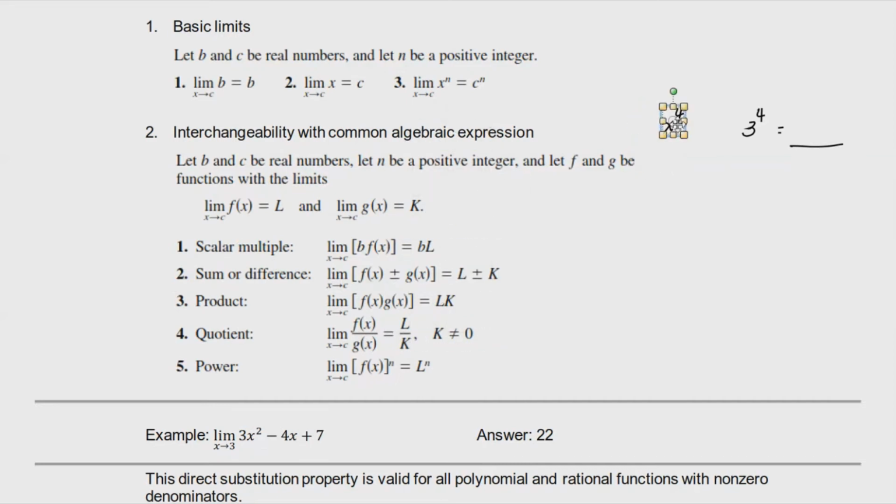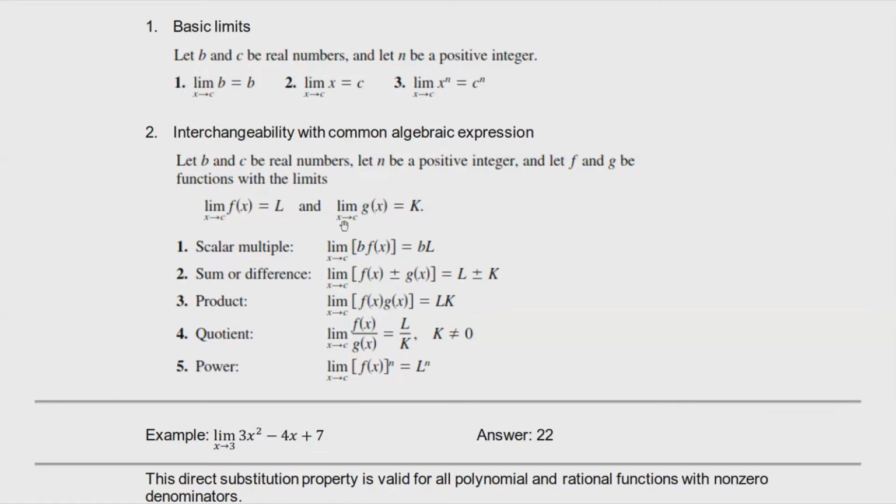Okay, so now let's try having these properties, or the basic properties that we have in limits. We're given 2 limits here, the two functions actually. We have f of x and g of x.